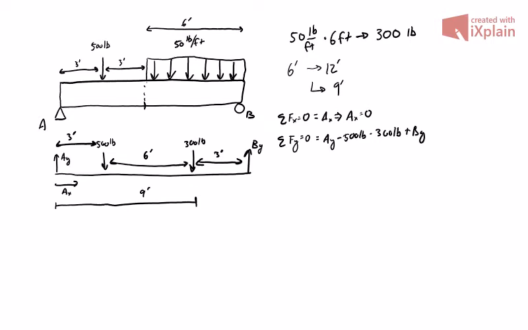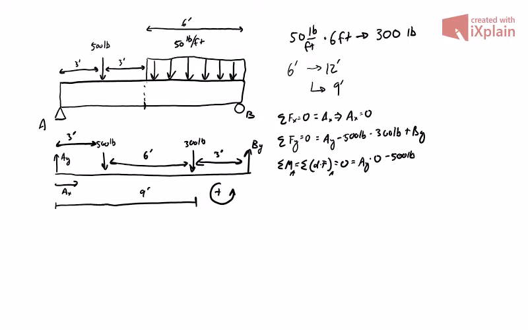That's one equation with two unknowns, so we're going to do sum of the moments, which is sum of distance times force, equal to 0. We're going to sum around point A. So that's going to give us A sub y times 0 minus 500 pounds. Sorry, I guess I need a positive. Rotation is going to be counterclockwise.